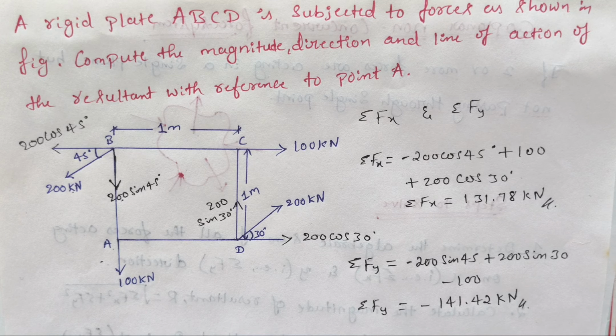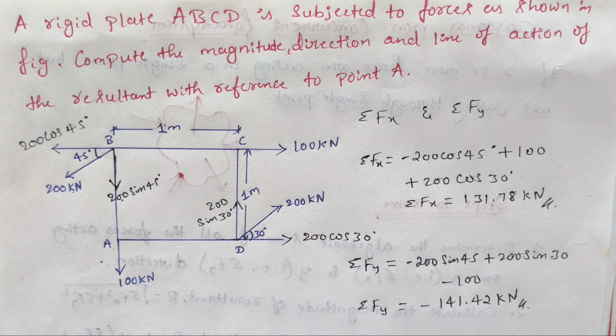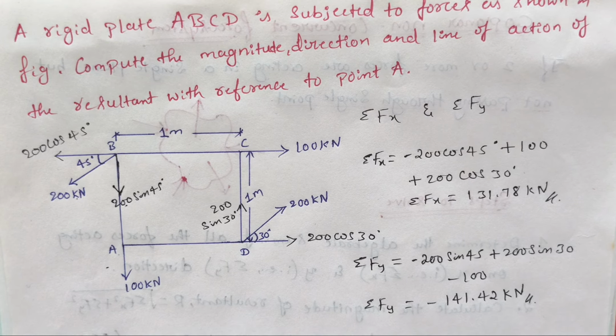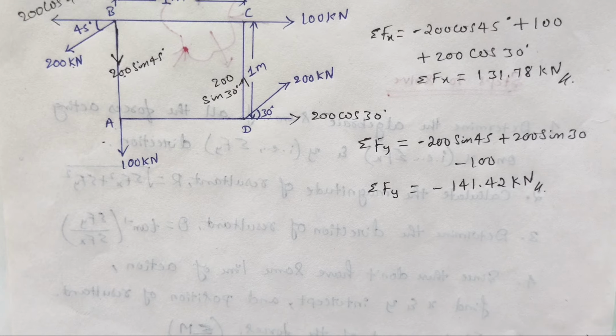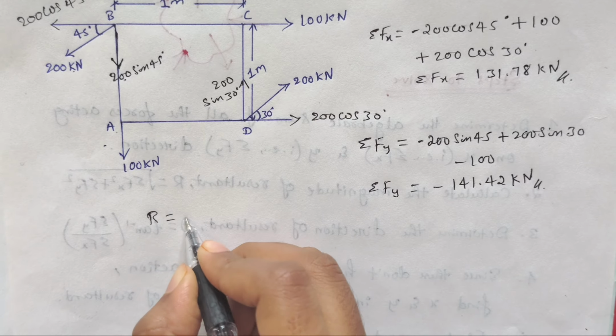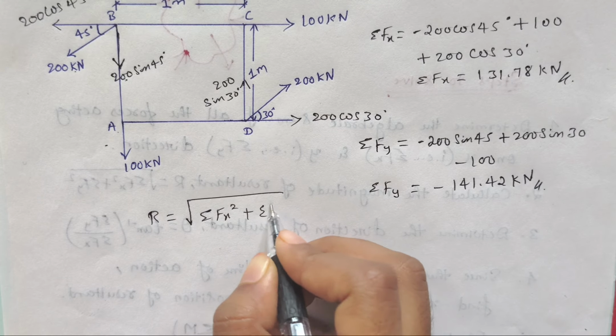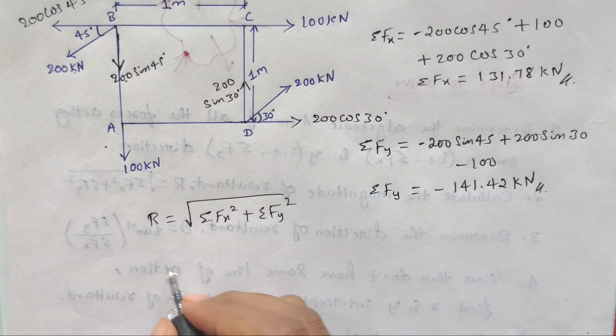I hope you understood till this step. So sigma Fx and sigma Fy are found. Now our step is to calculate the resultant. To calculate the resultant, you have to substitute these two values, that is R is equal to square root of sigma Fx square plus sigma Fy square.